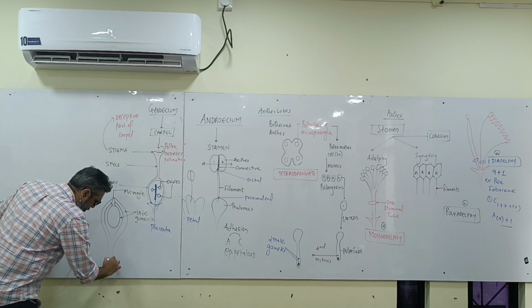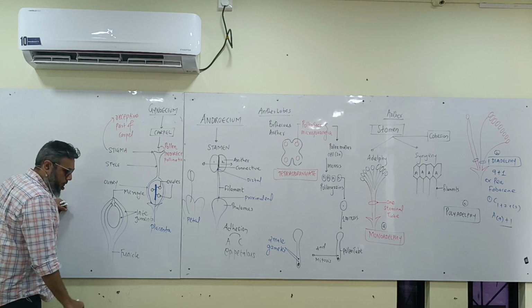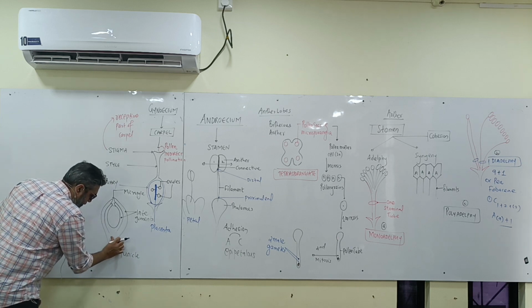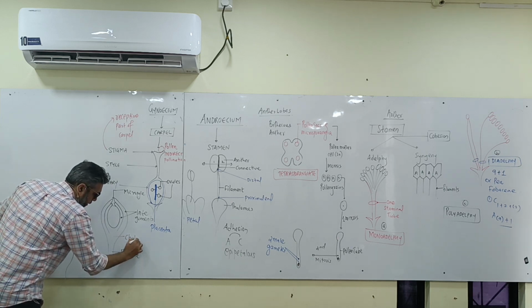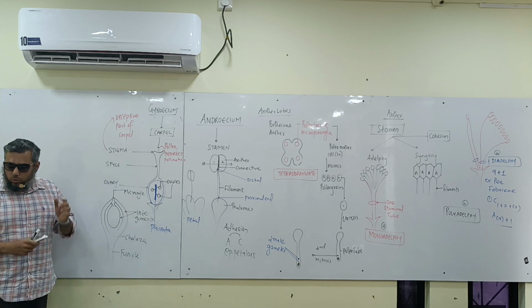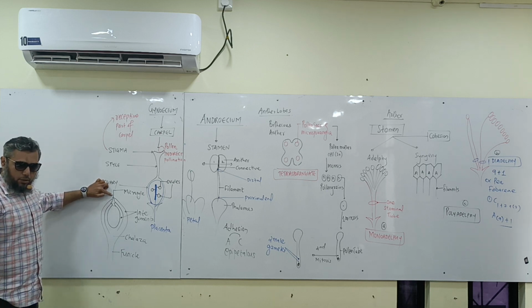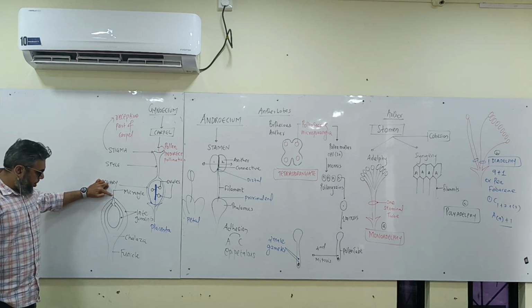It has a stalk, which is called as the funicle. A base, which is called as the chalaza. A typical ovule shows the presence of an opening, which is called micropyle.